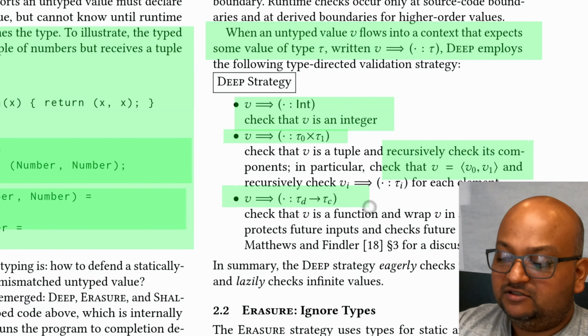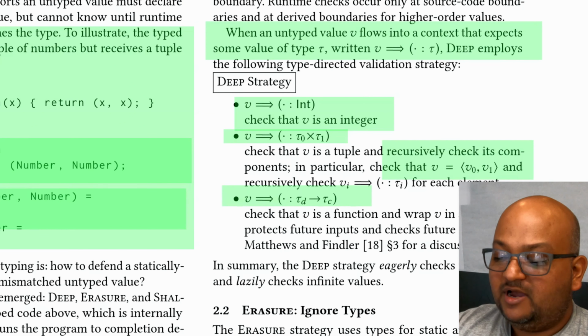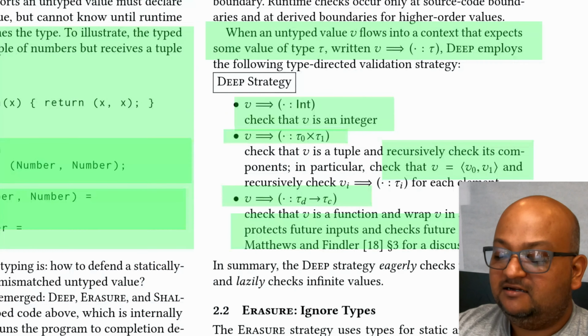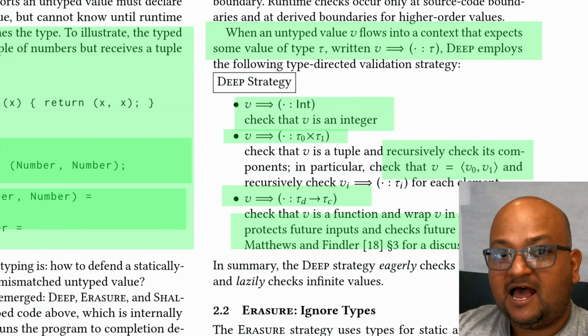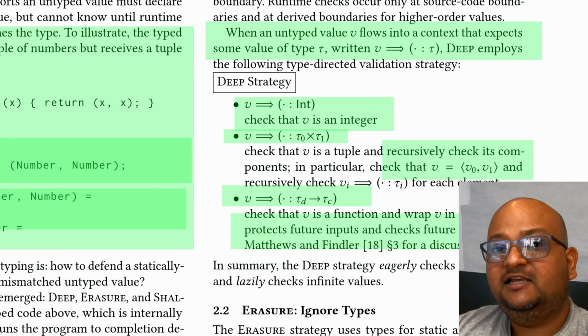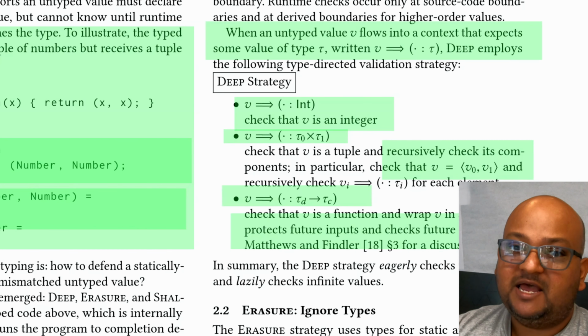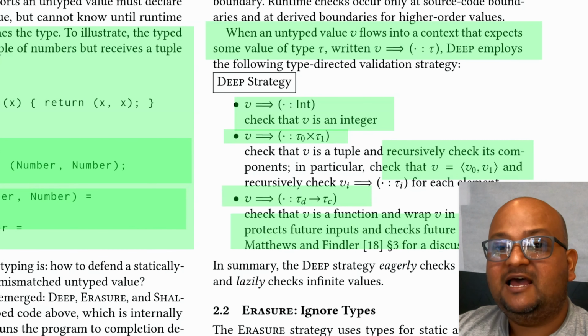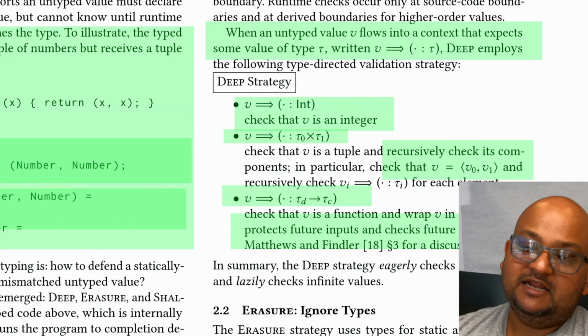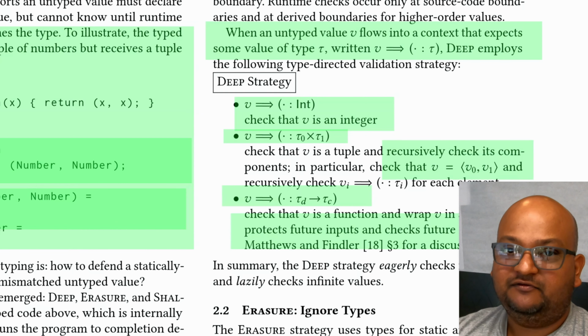And if v flows into a context where it is a function going from tau d to tau c, again, it will recursively check that the inputs and outputs have those correct values. So the deep strategy is essentially full type checking. You can expect that the statically declared types are enforced throughout, even when they flow into untyped regions of code.